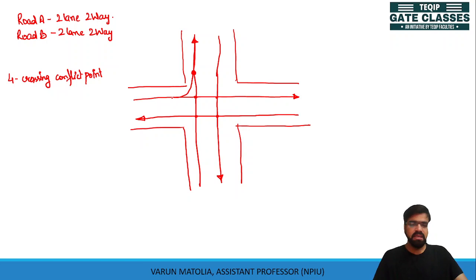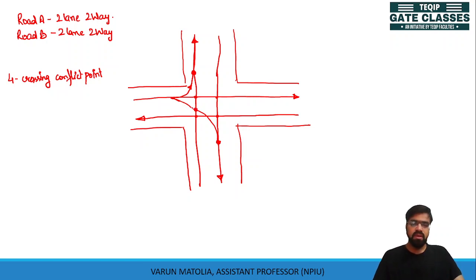So here it started diverging, and in this lane it merged. We want this traffic to move in this direction, so it will take this operation. Now there will be some vehicles which will try to move right. This traffic operation will allow these vehicles to move right. This is another conflict point.